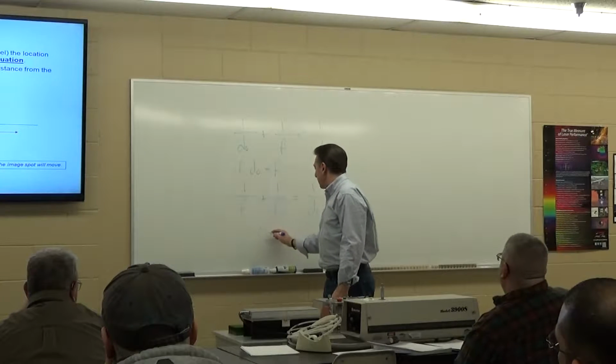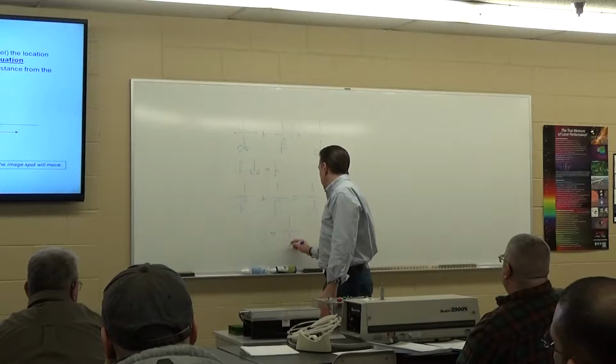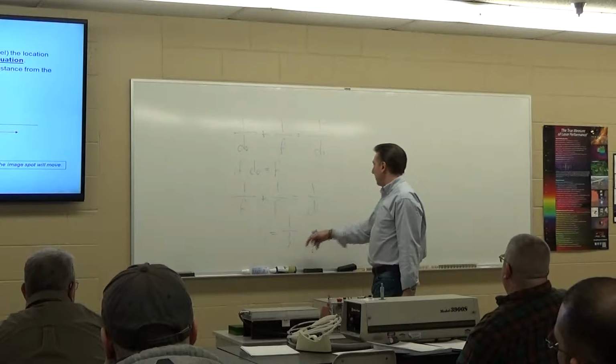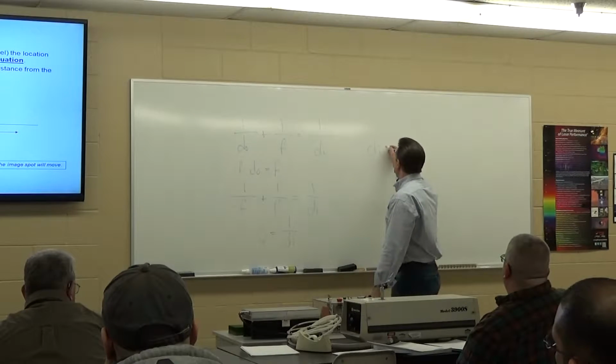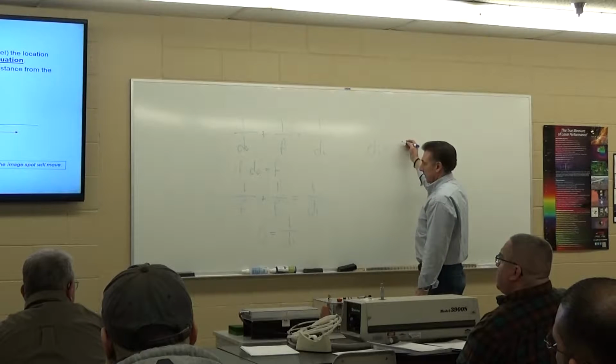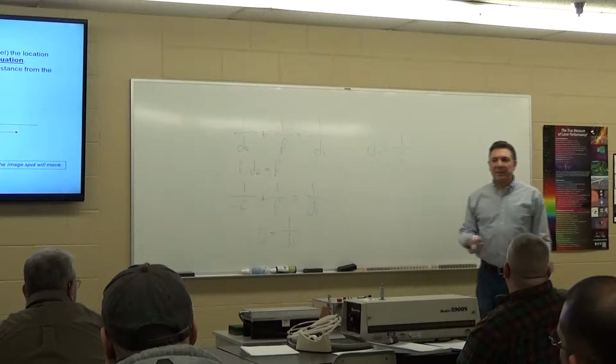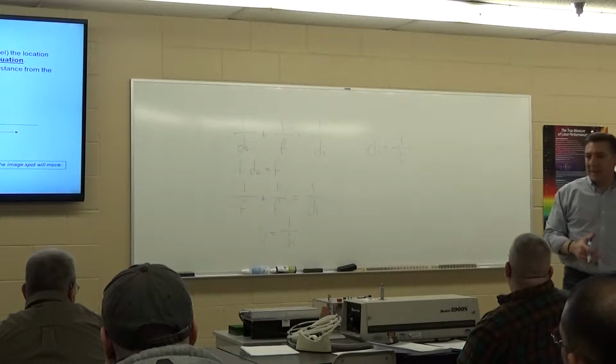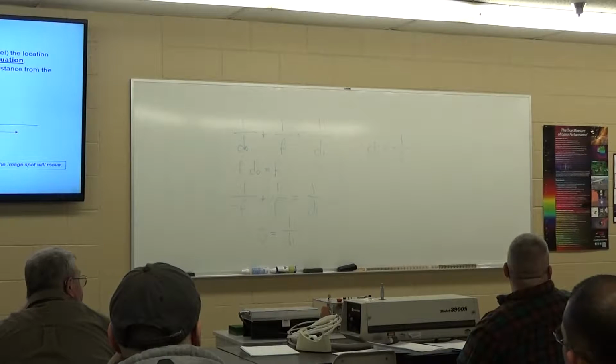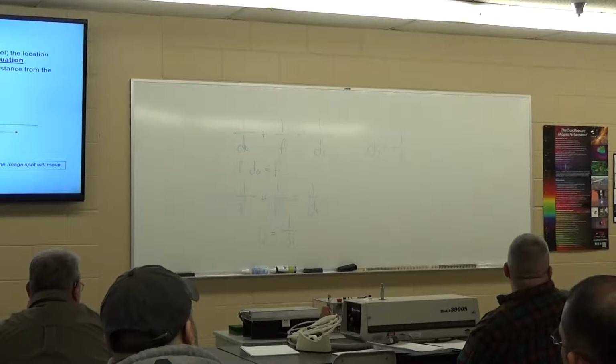So I get 0 being equal to 1 over di, and if I solve for di, it is equal to 1 divided by 0. What happens when I divide a number by 0? You can't divide by 0.